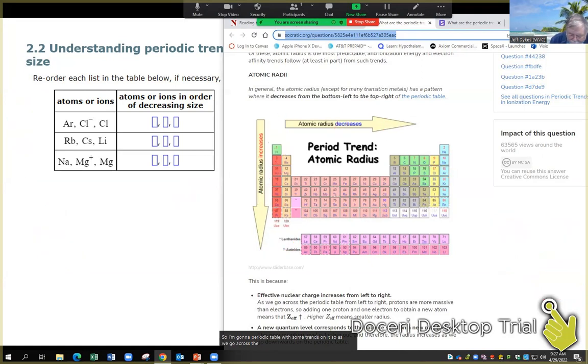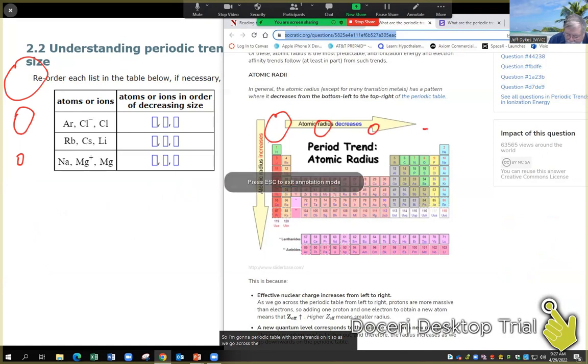Okay, so we're going to go again from large to small. So our radius here is going from a large size to a smaller size. Bigger here. All right, so the next one is rubidium, cesium, and lithium.